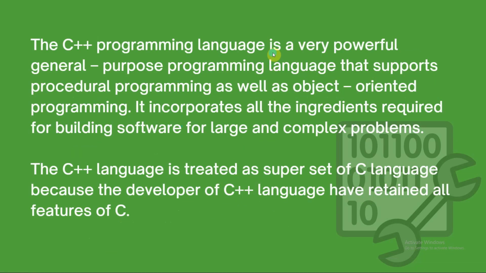It is a powerful general purpose programming language by its structure that supports procedural programming as well as object-oriented programming. It incorporates all the ingredients required for building software for large and complex problems. It can be treated as a superset of the C language because the developer has retained all of the features of its predecessor.